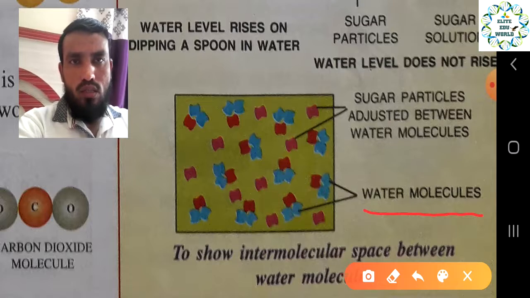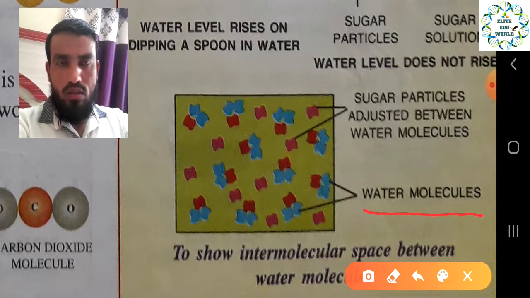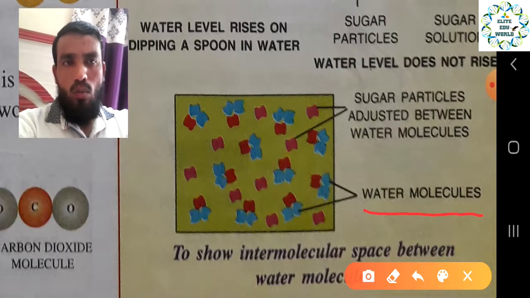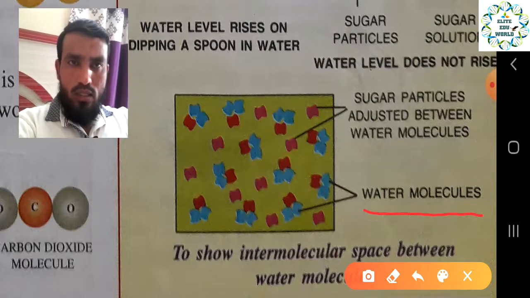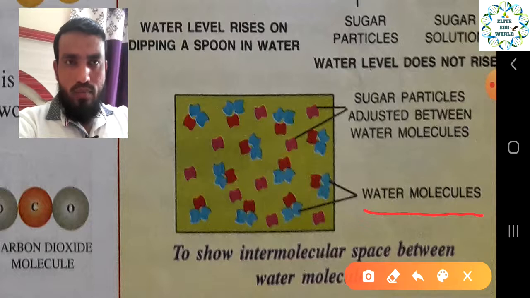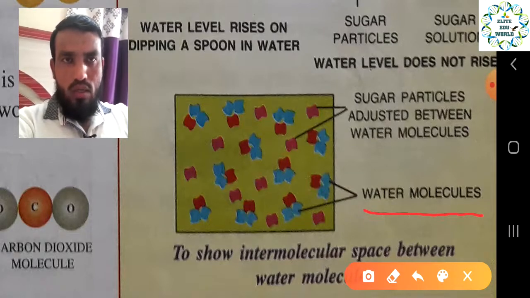That space will be occupied by the molecules of sugar, and that is why there is no rise in the water level, because there is space between the water molecules and the solid sugar.